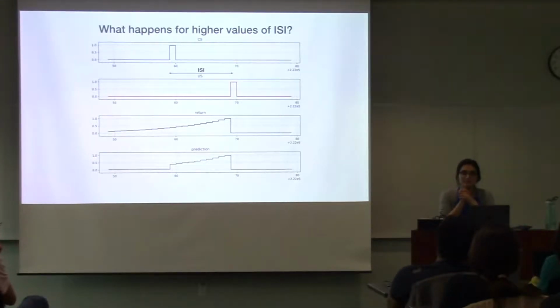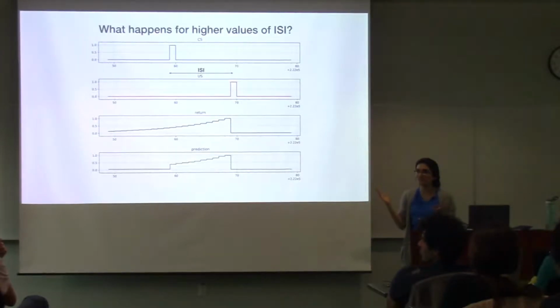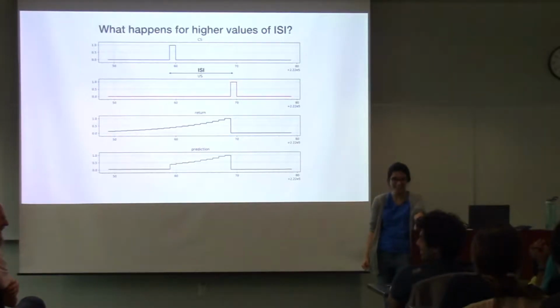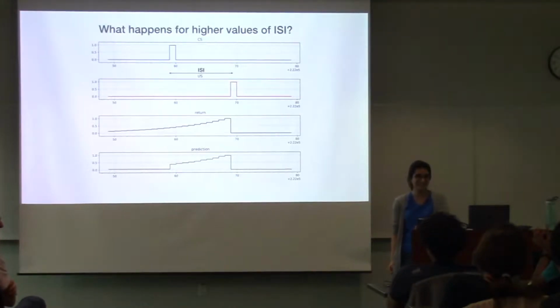Yeah, it's a really good question. Probably not. Should there be some kind of non-zero prediction before the CS? Ideally there would be, yeah. Before the CS? Yeah, that would be better.